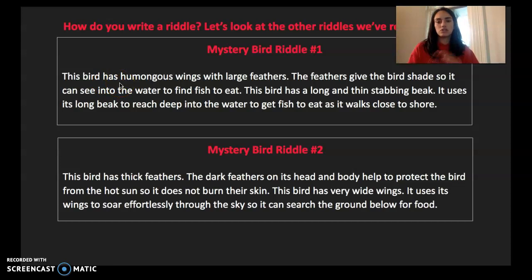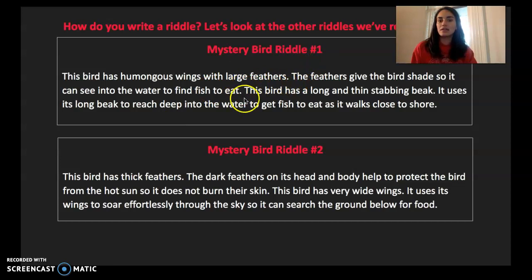So let's read each first sentence to see how they start. Mystery bird riddle number 1 says, this bird has humongous wings with large feathers. Mystery riddle number 2 says, this bird has thick feathers. So I'm thinking that we could use "this bird has" to tell the body parts our bird has.